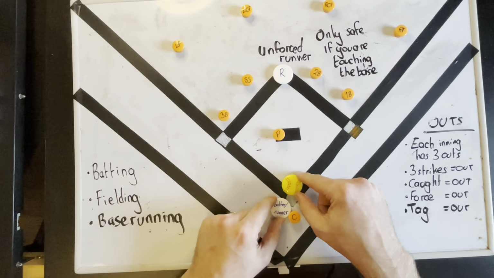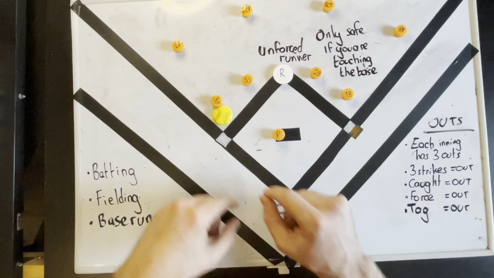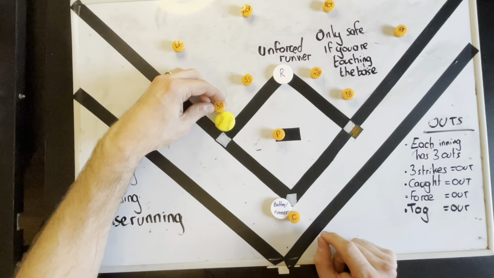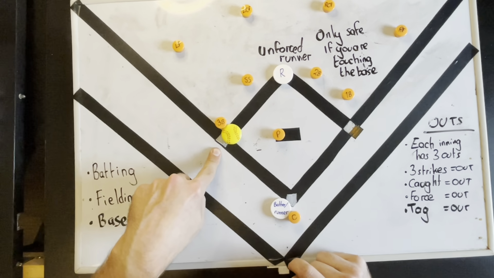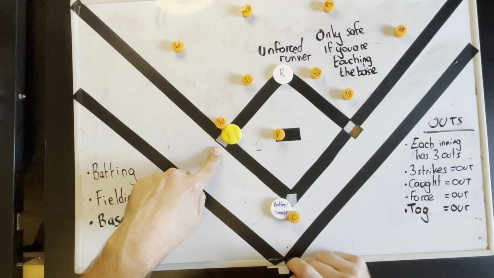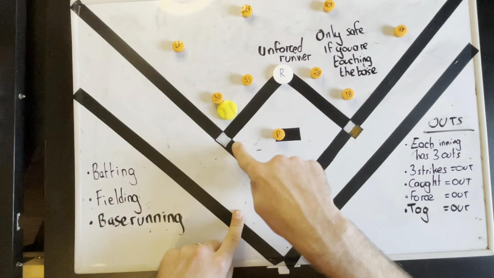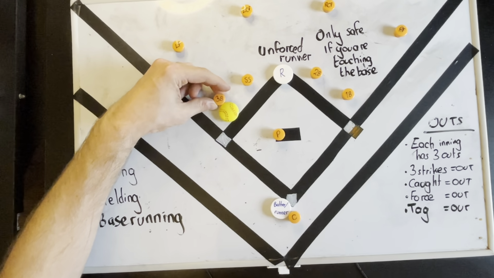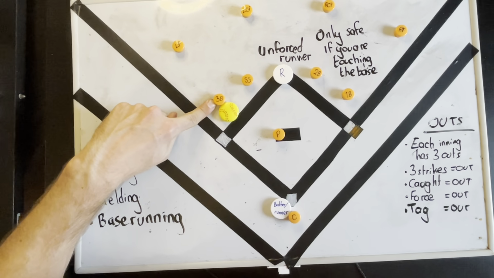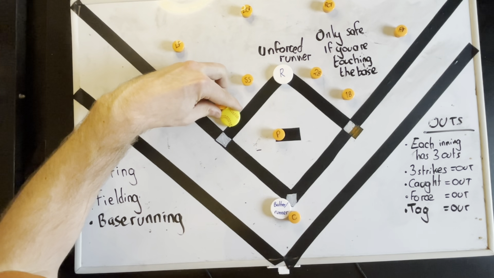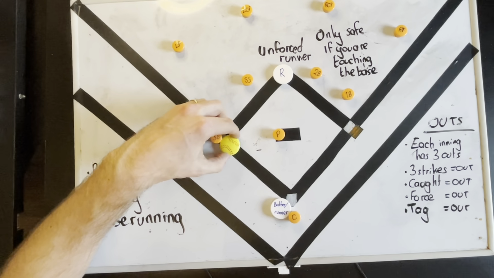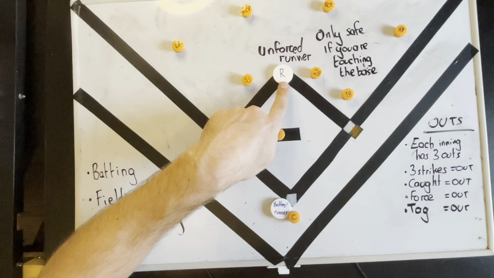If, for instance, the batter hit over here to third base, then there is no race to third base. I'm a poet and I didn't know it. There is no race to third base because the runner isn't forced to run. If this third baseman was inexperienced and didn't understand this rule, they might run over to third base and stand with the ball on third base and go, you're out.